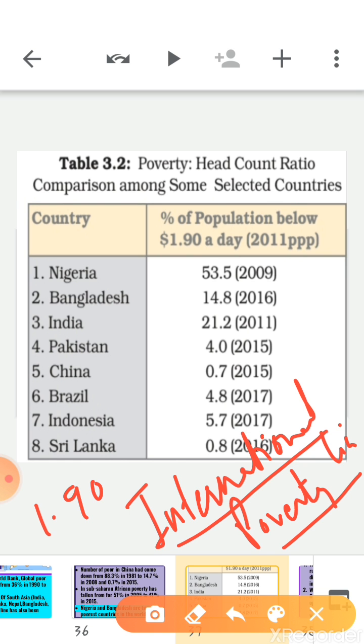The new Sustainable Development Goals of the United Nations propose ending poverty of all types by 2030.